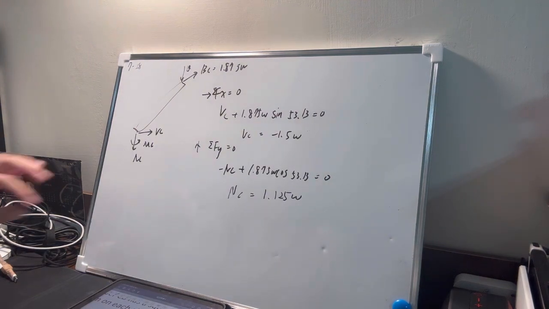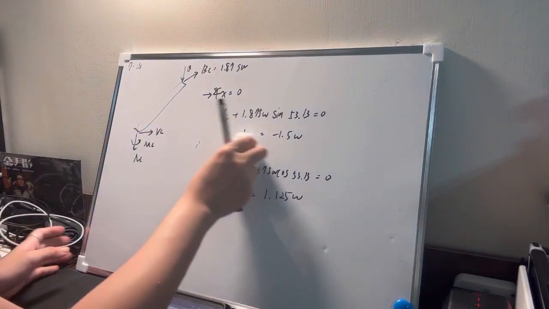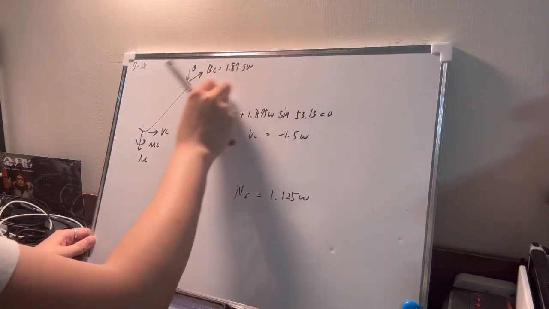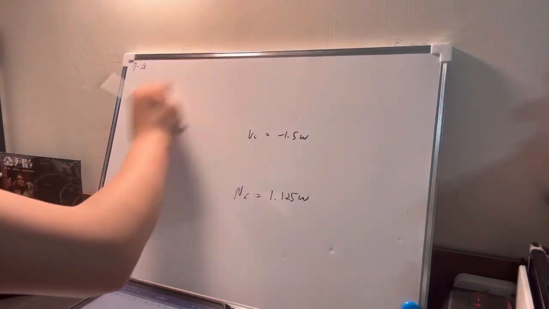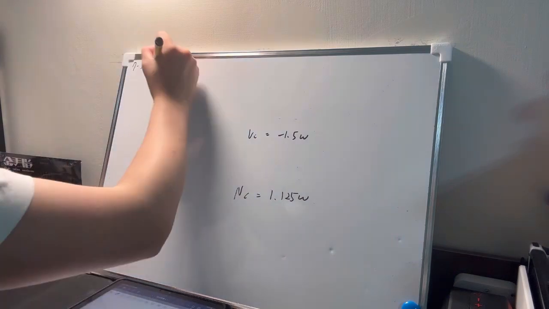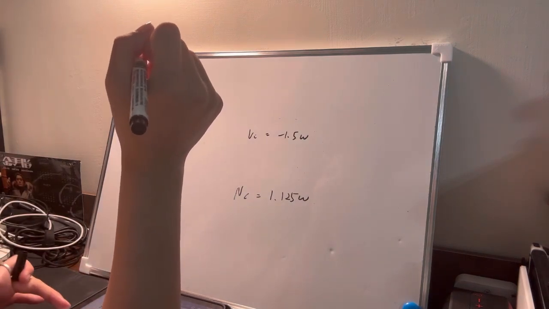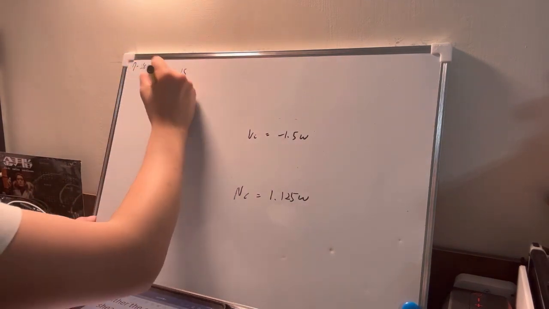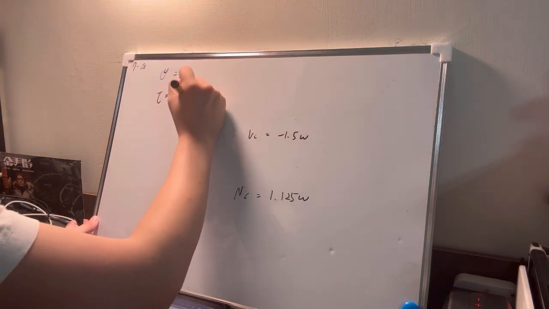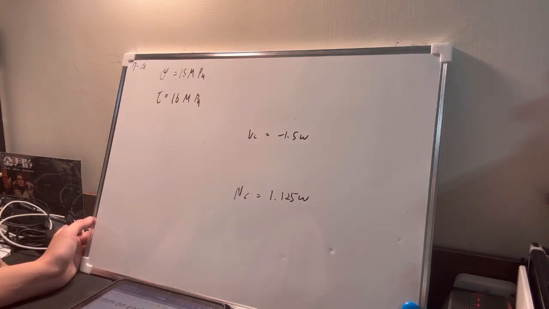And then BC, NC, we know, and we use those formulas because the question already tells us this is equal to 15 and the tau is equal to 13 MPa. And using this formula, we can calculate the W here.